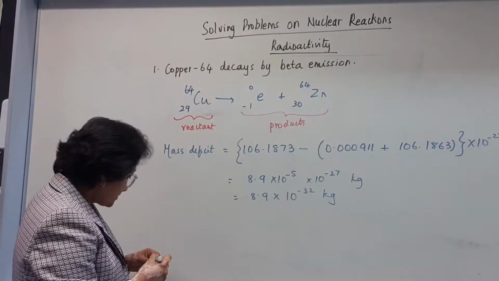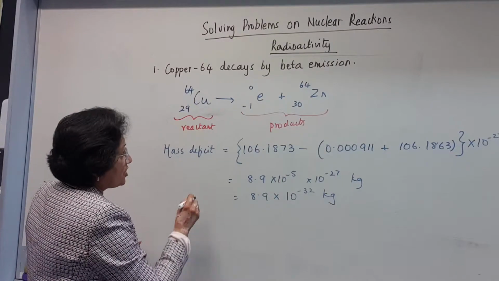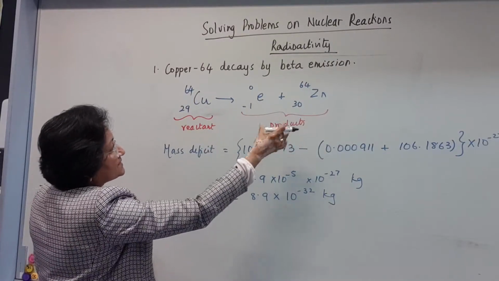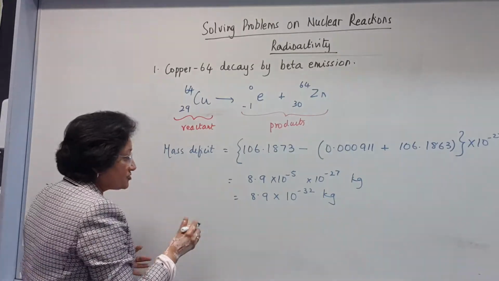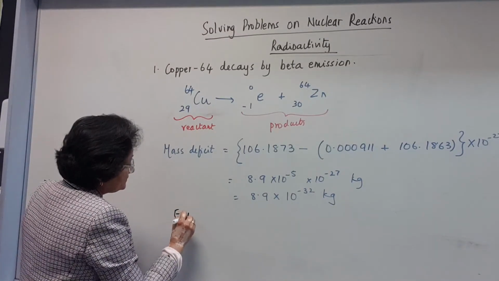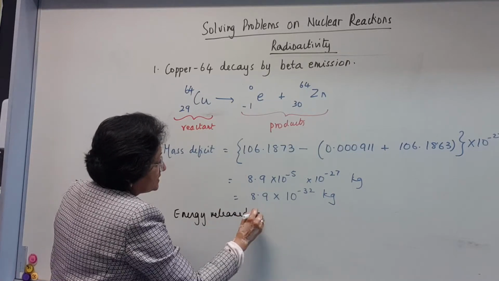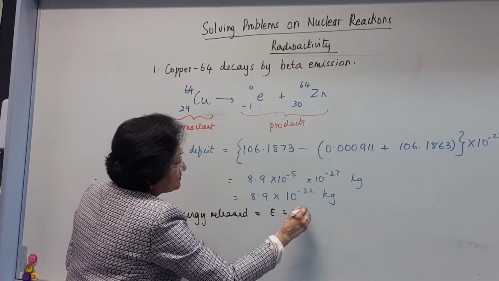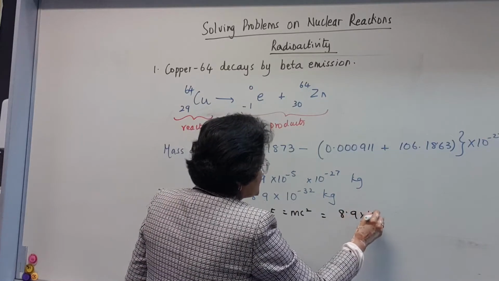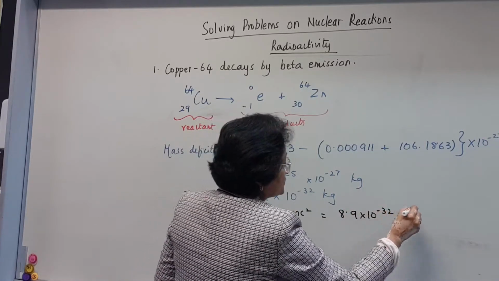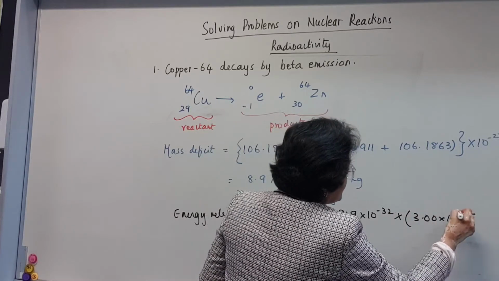Okay? Now, in order to find out the energy that is released, because the mass of the products is less than the mass of the reactant, that means energy has been given out. So energy released is given by E equals mc squared. My mass defect is 8.9 times 10 to the power of negative 32 times the speed of light squared.